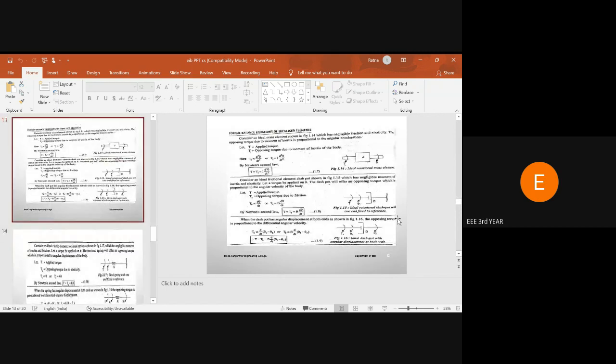The basic three elements of the mechanical rotational system are: first J, moment of inertia; next B, dashpot; and K, spring.